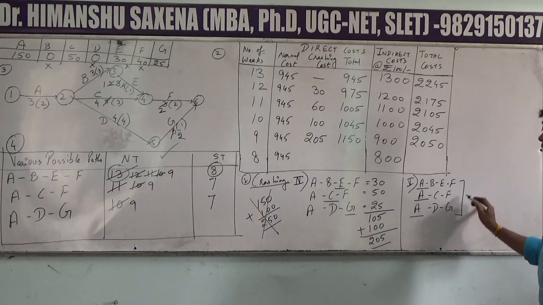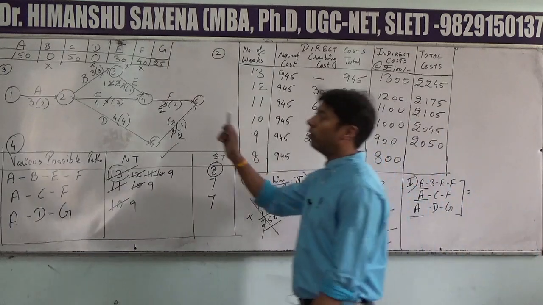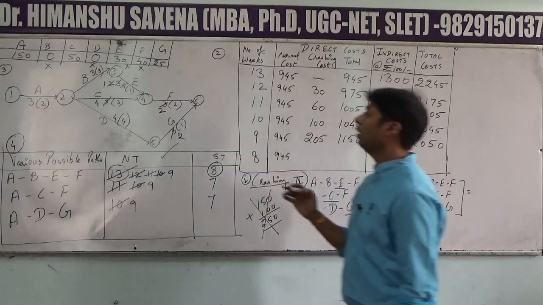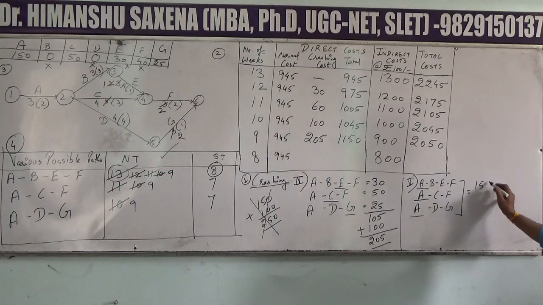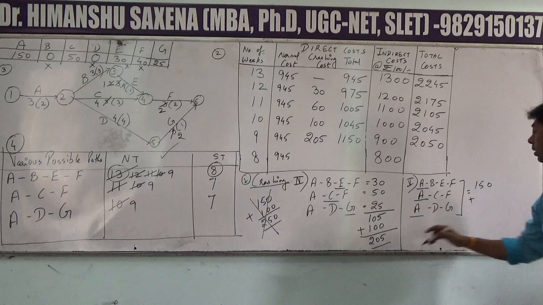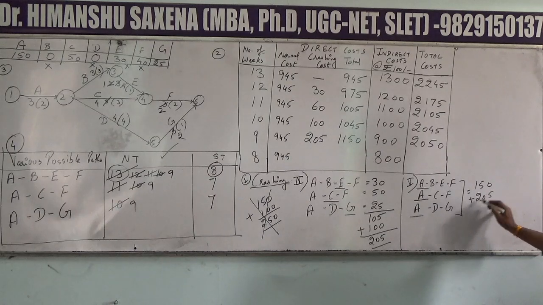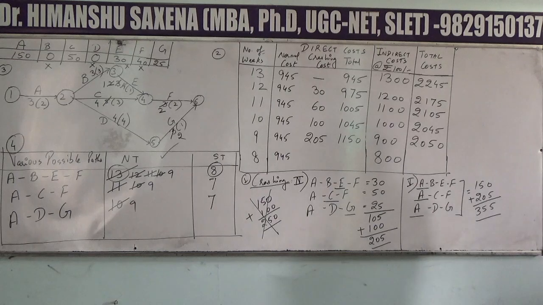So the value will be equal to 150, the cost of reduction for A was 150, plus the earlier total, 205, leading to the grand total of 355.